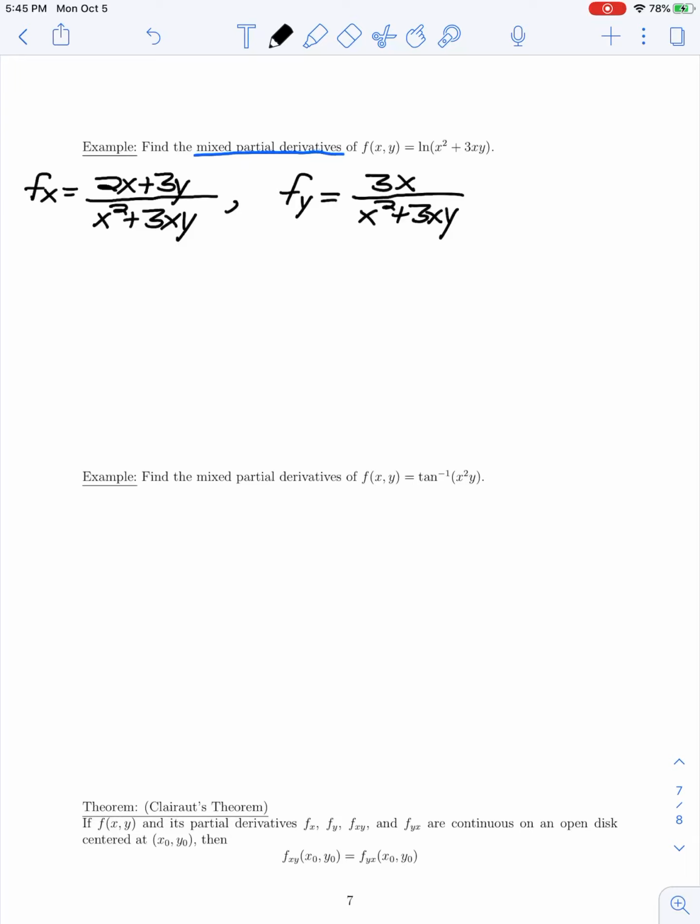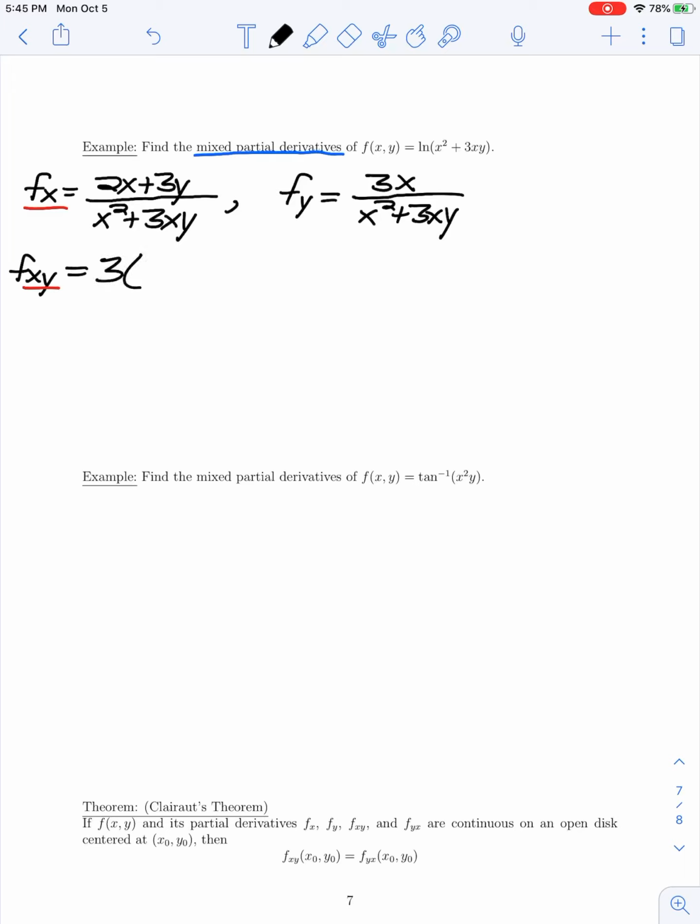So to differentiate and find f sub xy, I'm going to take the first order partial f sub x and then differentiate with respect to y. Now looking at the form of f sub x, to find this derivative, we'll have to use the quotient rule, which says we first take the derivative of the numerator with respect to y here.